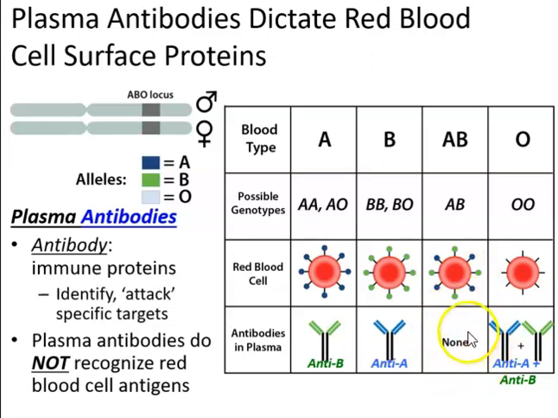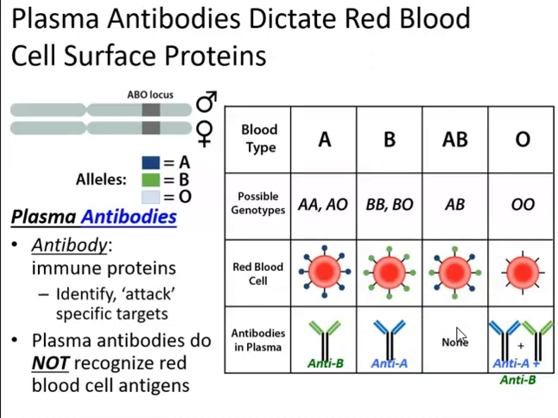Because there are no antibodies within the plasma of people with type AB blood, we consider these people to be universal recipients, meaning they can accept either type A or type B blood, because there are no antibodies in their plasma that would cause an immune reaction to blood that is donated to them, being either type A or type B. So type AB people are known as universal recipients.